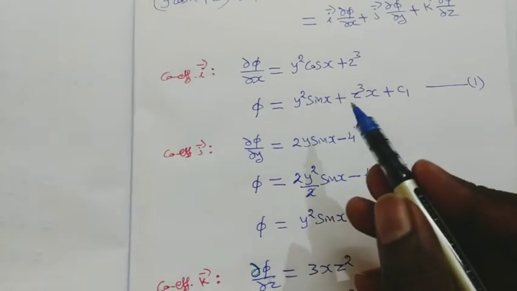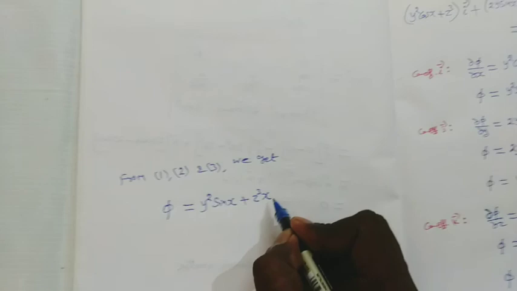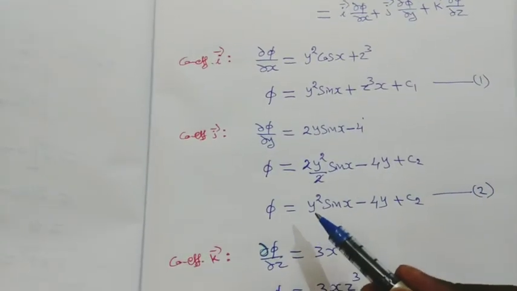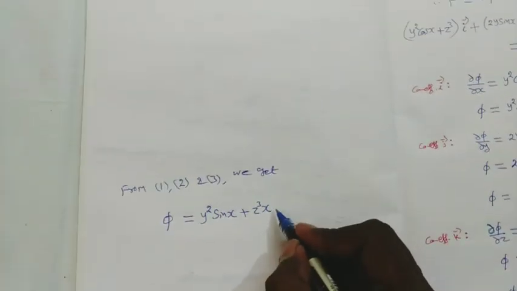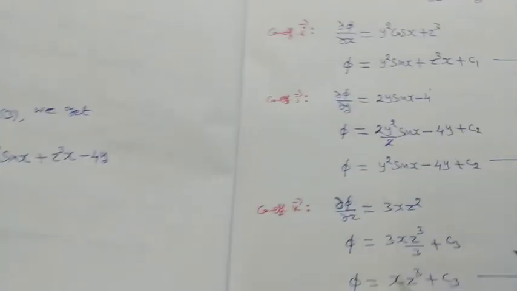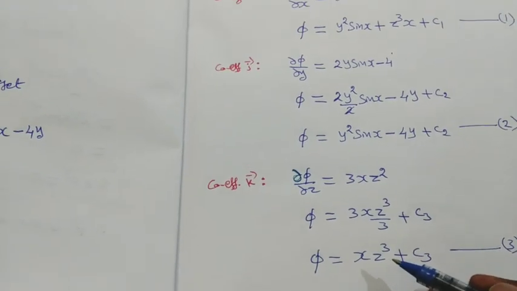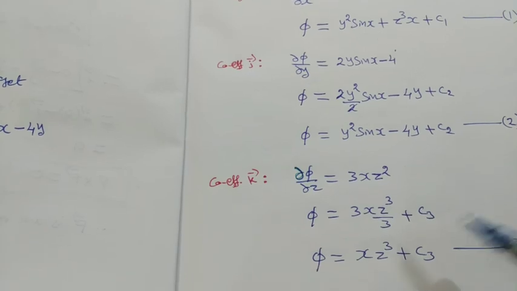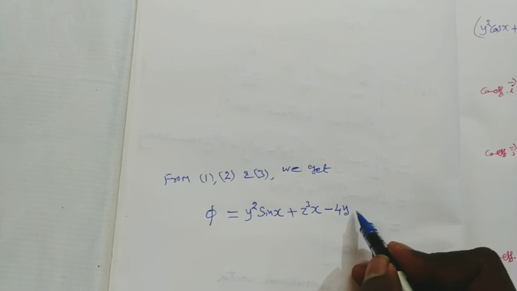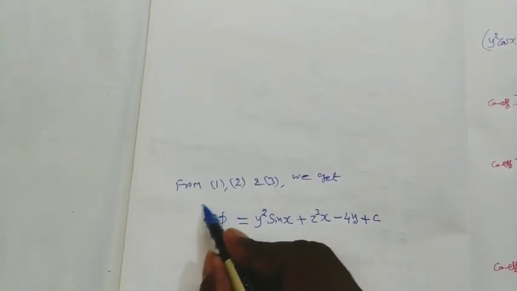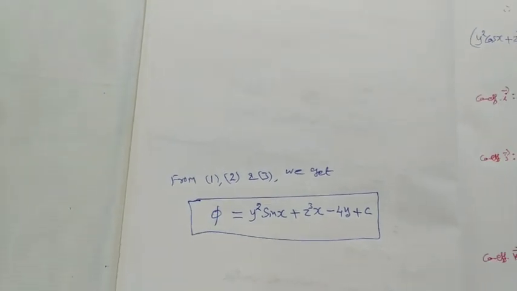Next term, z³x plus z³x. Next, y² sin x already we written, so leave it, minus 4y. And x z³, already you written z³x, so it is a repeated term, so you can write once, it is enough. So finally this is our required scalar potential. Now write the constant, integral constant. So this is the required scalar potential of the given function f vector. So this is the answer of the problem.